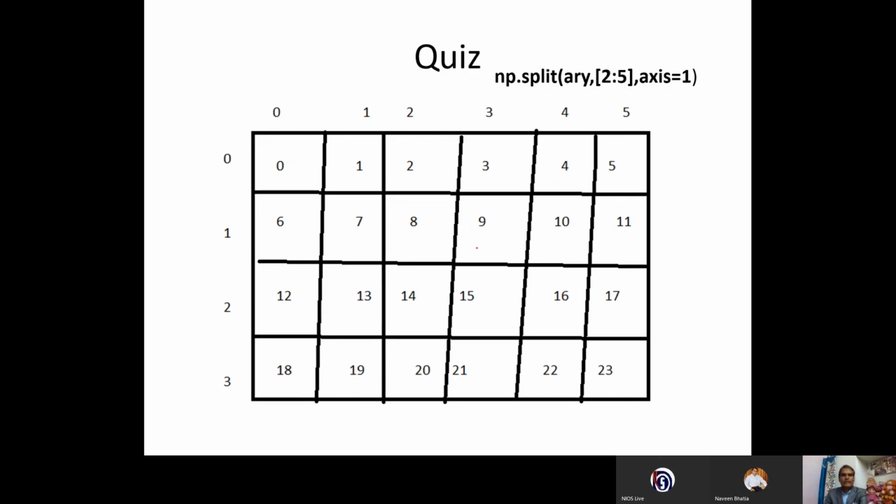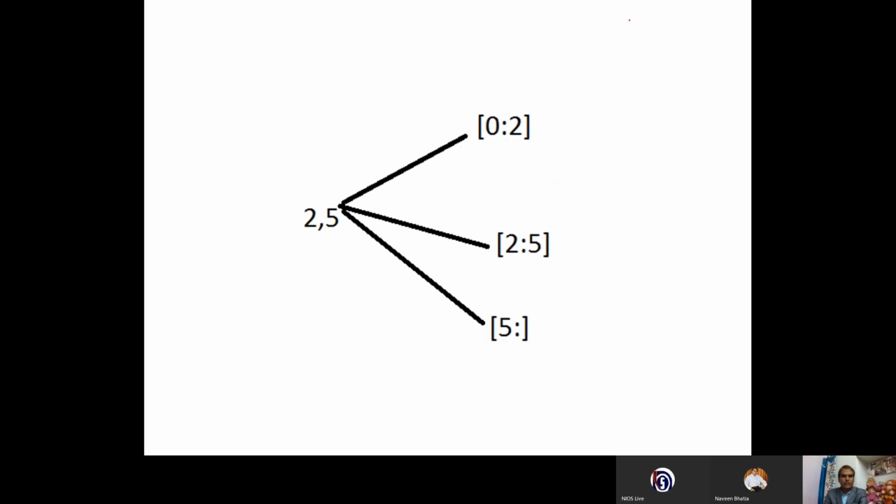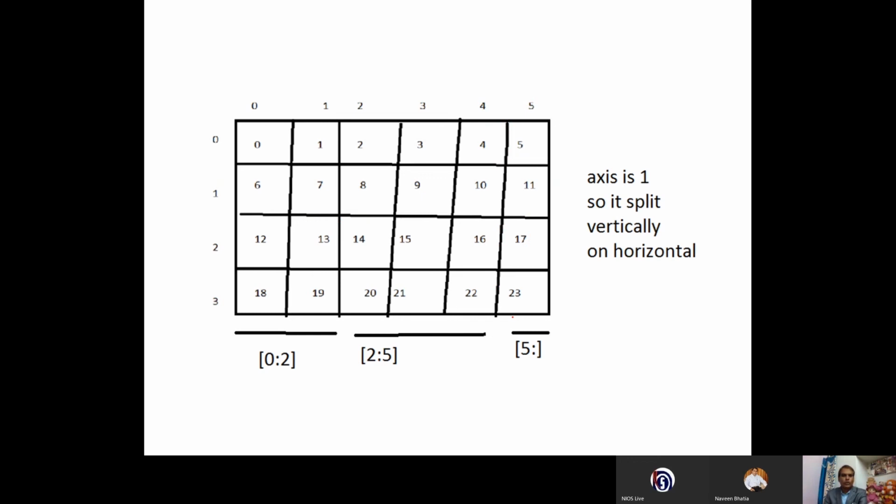So this is the quiz. You have to split the array 2, 5. Starting index will be 2, up to 4 we have to go. Axis they have given 1. Right. Here also we have given 1. So when you do this, first 0 to 2 it will go. Okay. Then 2 to 5 it will go. Then the 5 it will go. You will see 0 to 2 will be one group of the array.